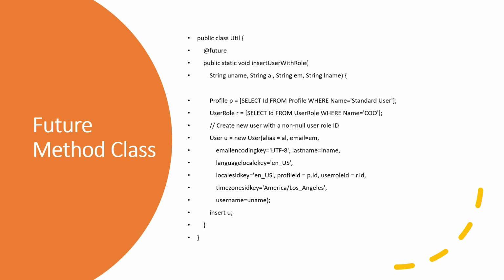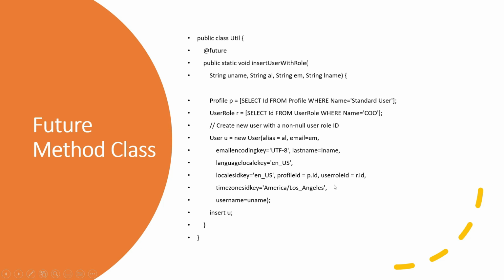we'll get the value from the method that we are calling there. So email and last name, language, locale ID keys, and profile ID we are passing through p.Id.